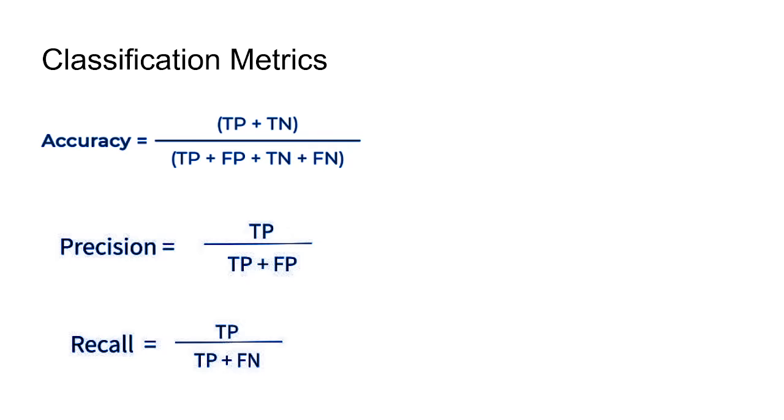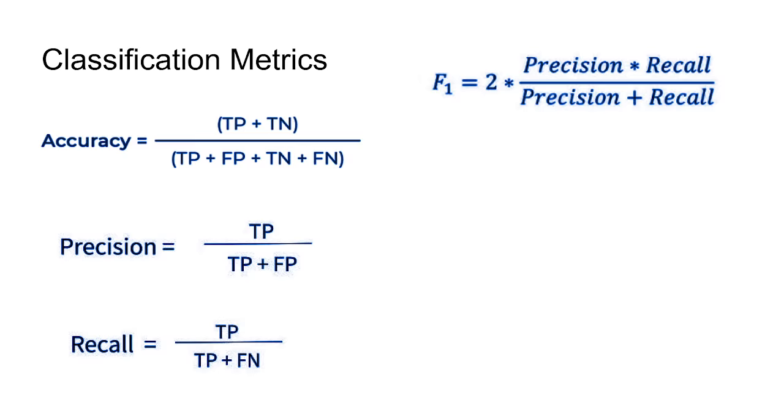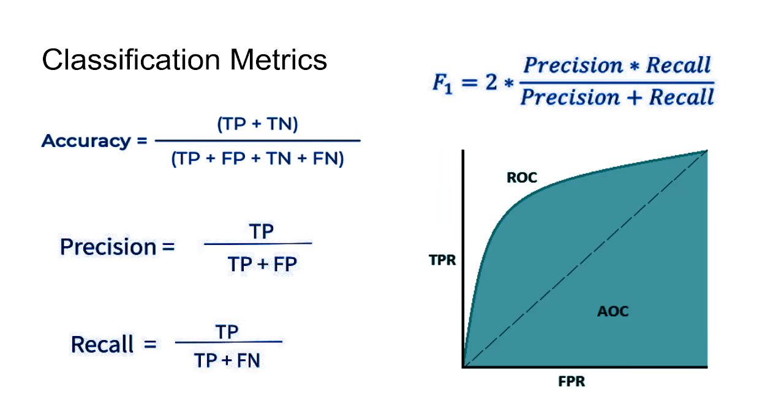Recall में आप ये देख रहे हैं कि of the total values that were actually positive, how many did you correctly catch? These are two very different things. F1 score is the harmonic mean of precision and recall. So 2 times precision times recall divided by precision plus recall.